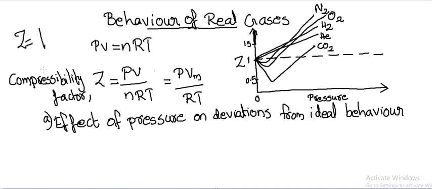So first one, extent of deviations from Boyle's law and Charles' law, that can be measured using Z versus pressure graphs. First we discuss the case of effect of pressure on deviations from ideal behavior.